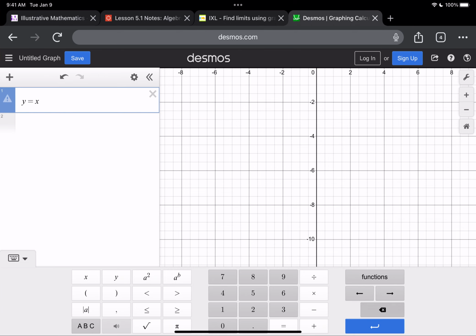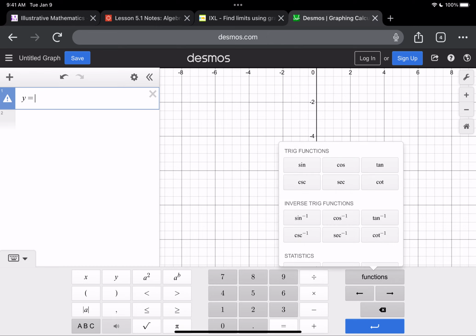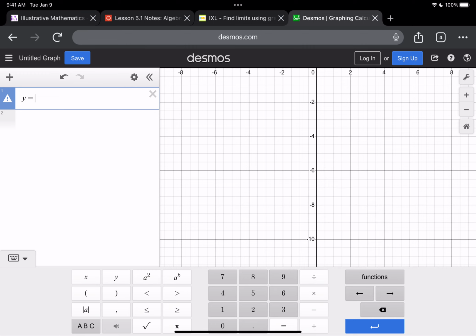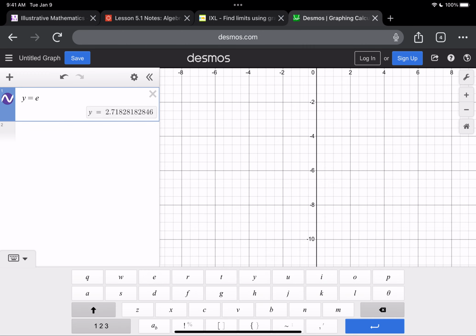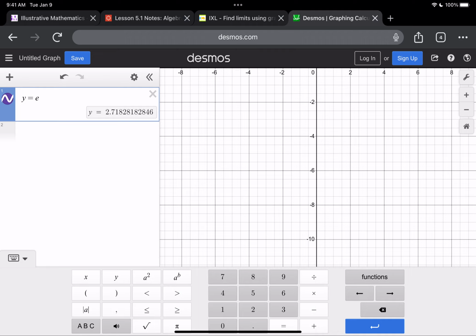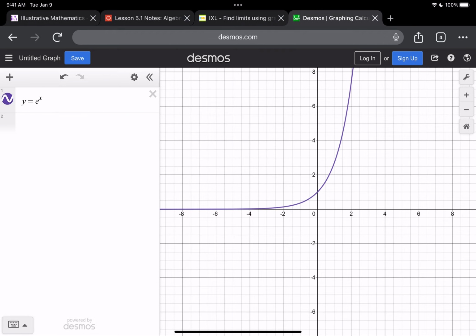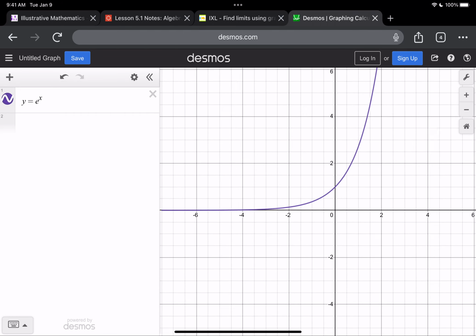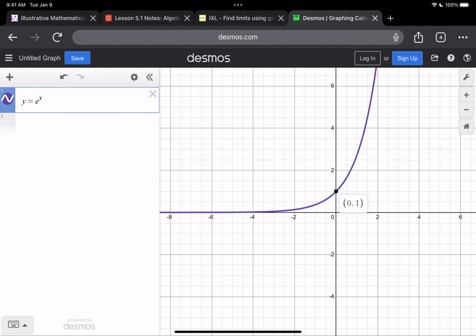So my e function should be here somewhere. Actually, I can just do this. E to the power of x. So there's the graph that we just saw, e to the power of x. And my vertex is now right there.